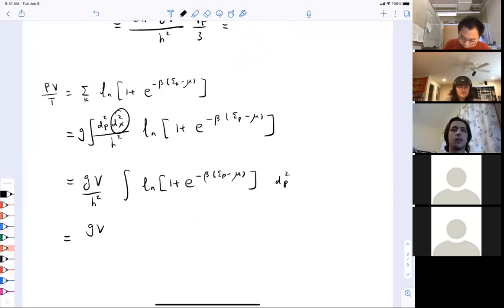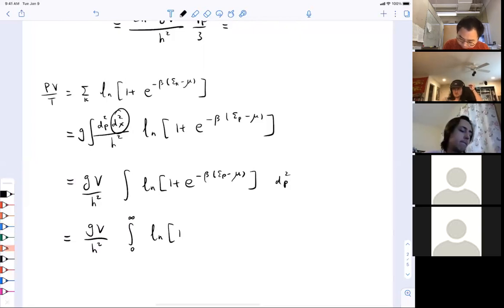Now we want to convert this integral from the Cartesian coordinate to the polar coordinate. So it becomes 0 to infinity. Remember here, there's no distribution function, so it's from 0 to infinity.